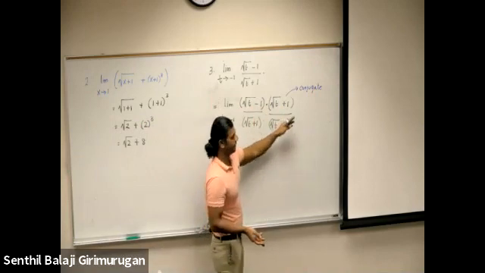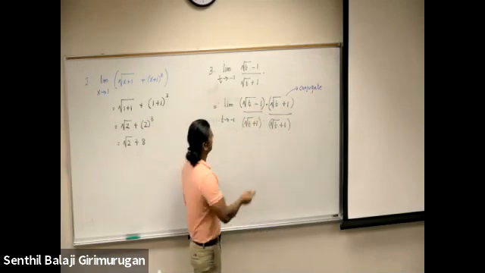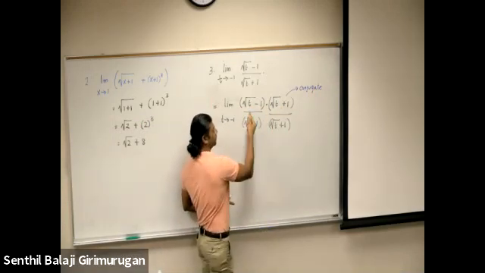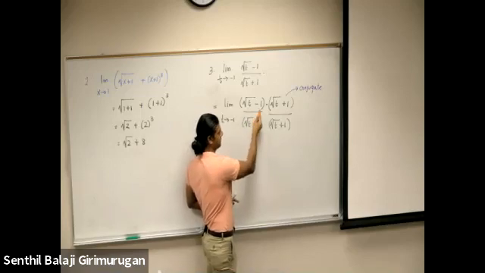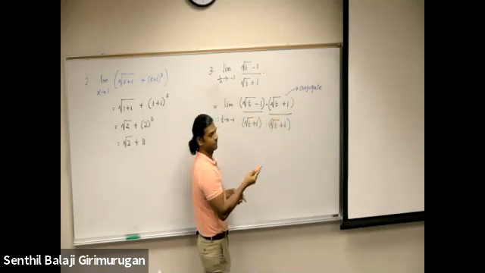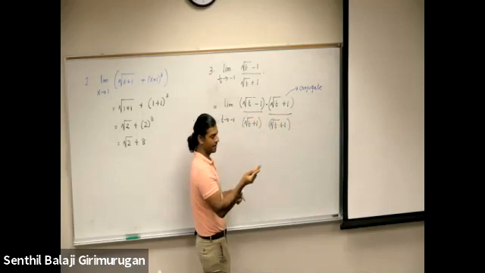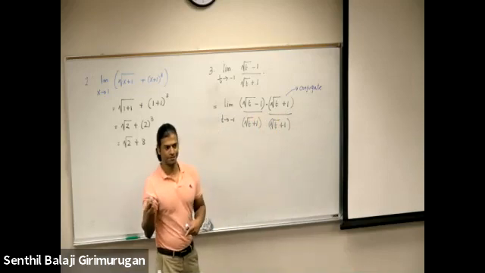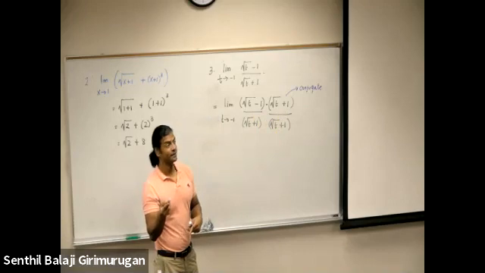How does it work? Well, by multiplying by the conjugate, I have this expression, which is simply (a minus b) times (a plus b). What is a minus b times a plus b?